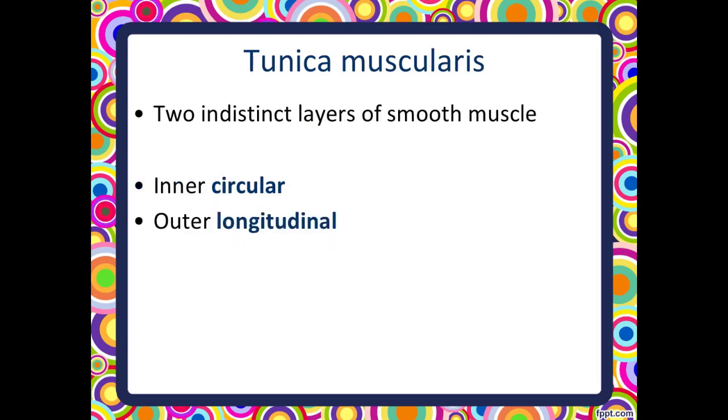Tunica muscularis has two indistinct layers, the inner circular and outer longitudinal. It is made by smooth muscle, of course, and the movement of the smooth muscle slightly helps the movement of the oocyte and the embryo.